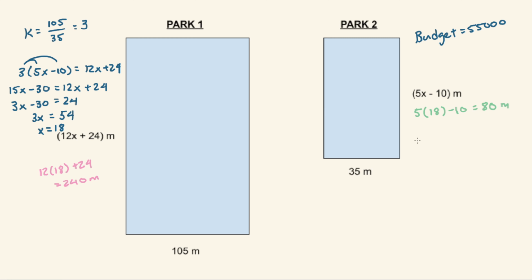So now we know this is 80, that's 35, that's 105, that's 240 over here. All we have to do is add up all those sides and figure out that total perimeter. So perimeter is equal to 240 plus another 240, because we have another length over here, plus 105 plus 105 plus 35 plus 35 plus 80 plus 80.